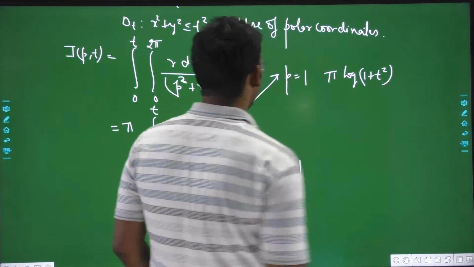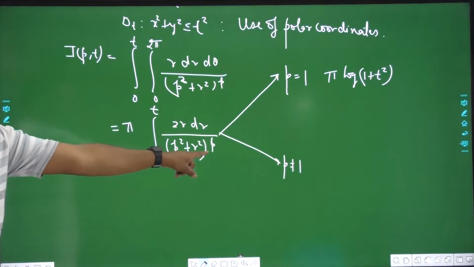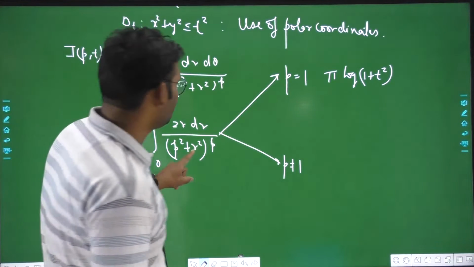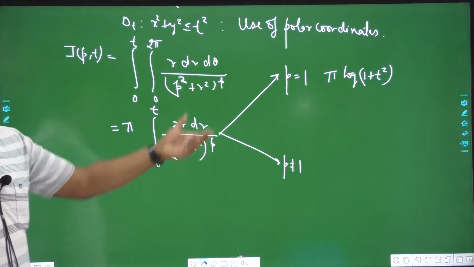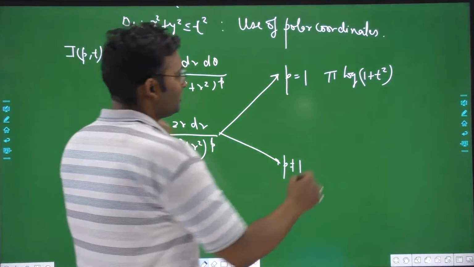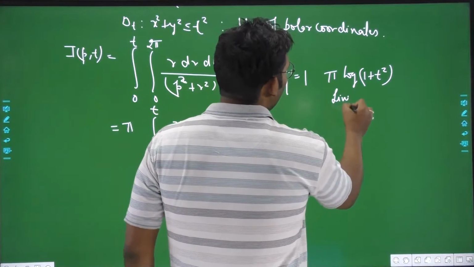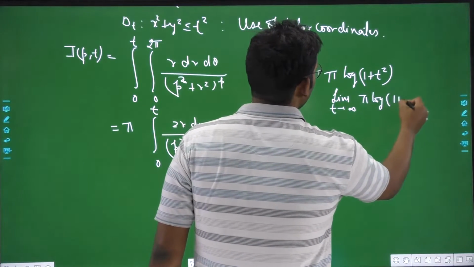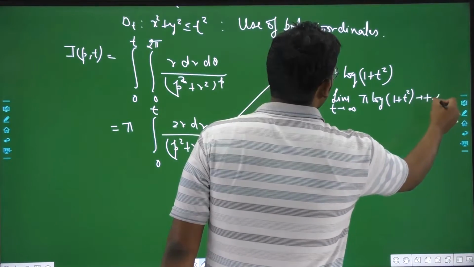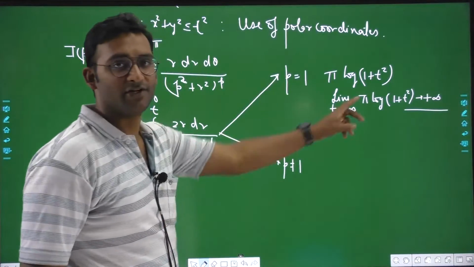This you can evaluate yourself. And clearly as t tends to infinity, pi log of (1 plus t squared) will tend towards infinity. So therefore here you will get a divergent answer.